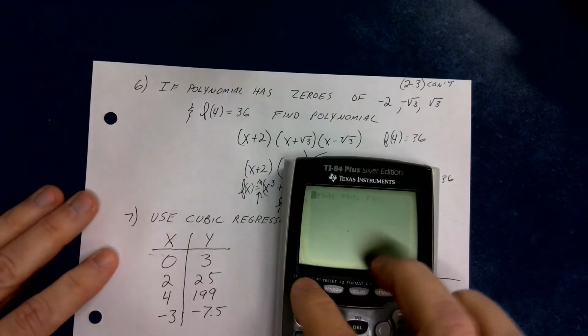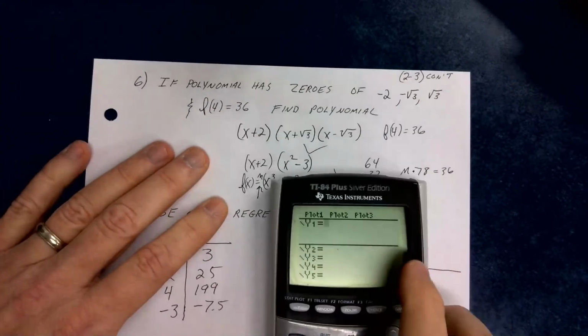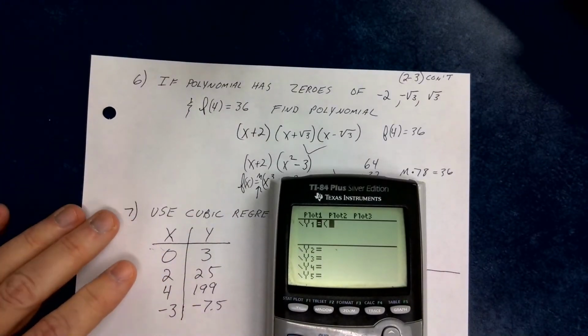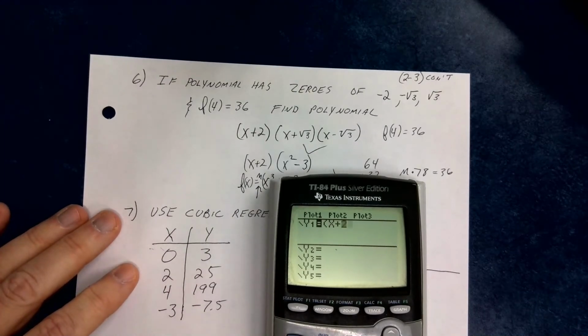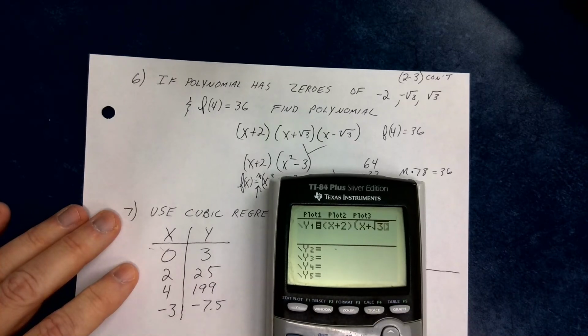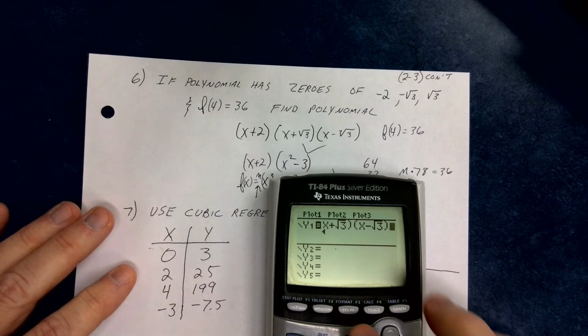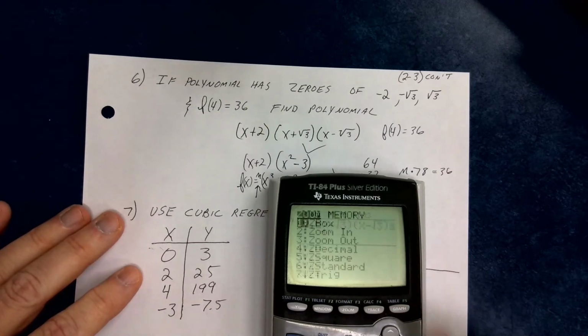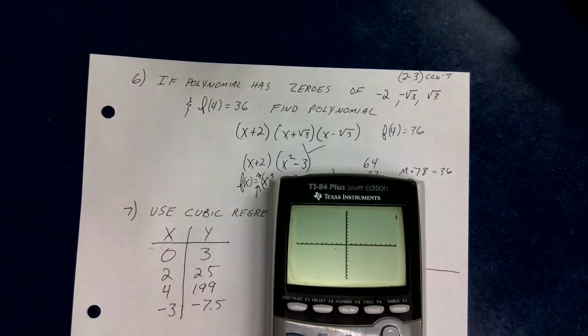So watch. Clear onto this. So parentheses, x plus 2, close parentheses, parentheses, x plus root 3, close parentheses, parentheses, x minus root 3, close parentheses like that, and zoom 6.